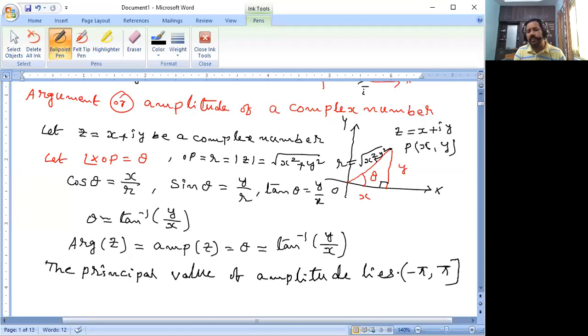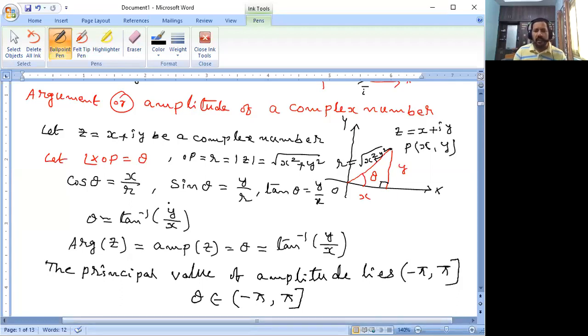It lies between minus 180 to plus 180. That means theta, the amplitude of a complex number, lies in the interval open bracket minus pi comma closed pi. So minus 180 to plus 180.